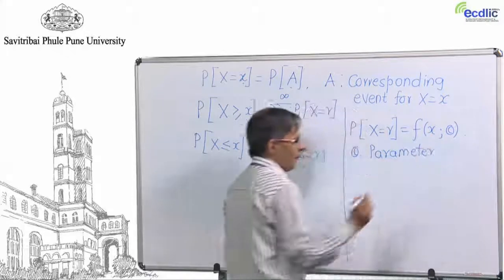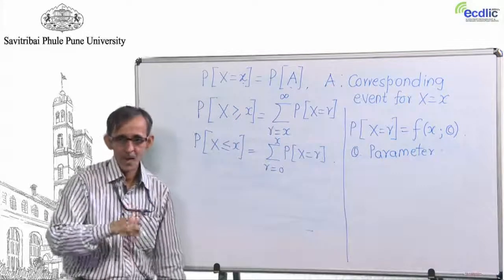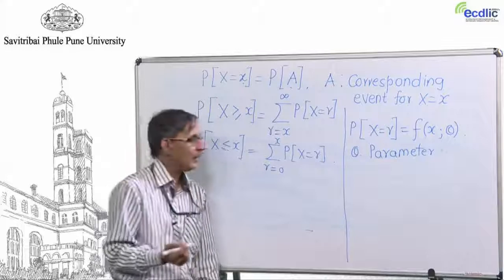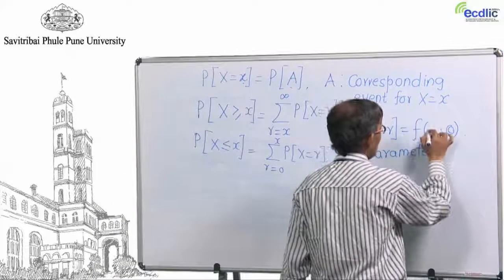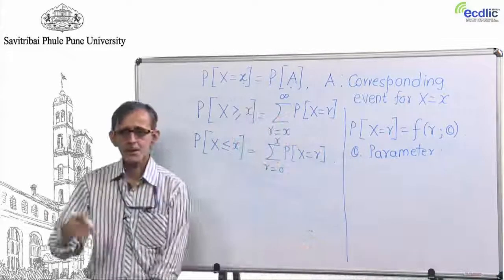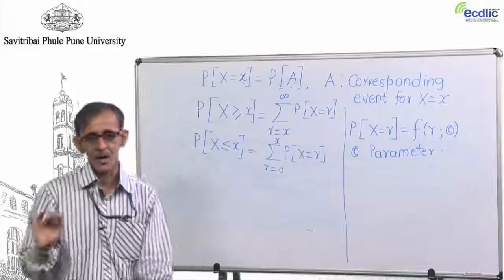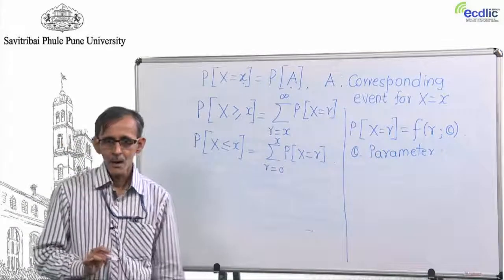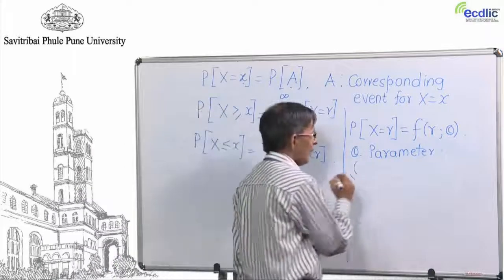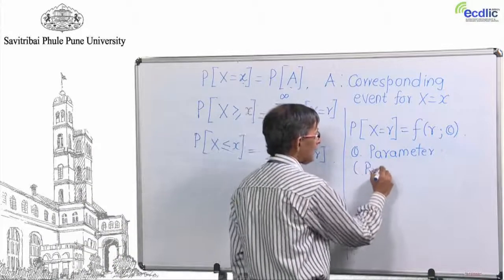So, that will give me a formula, as I change the r, I will get different probabilities for X is equal to r. That is what my idea is. So, this is called a very simple case of probabilistic modeling.